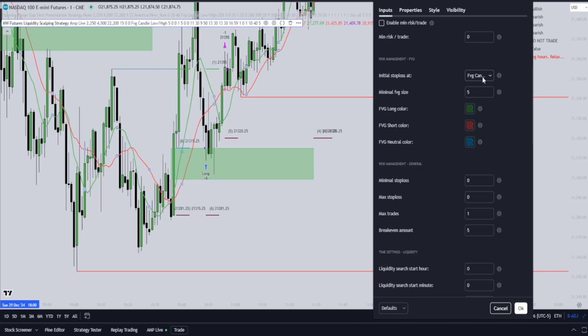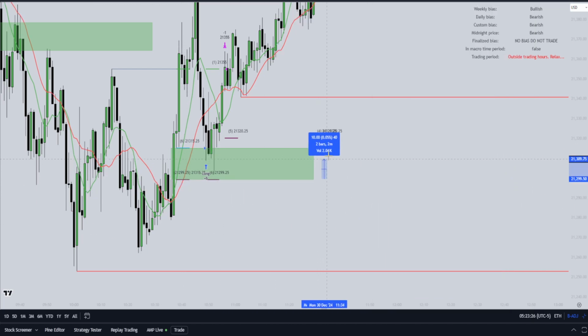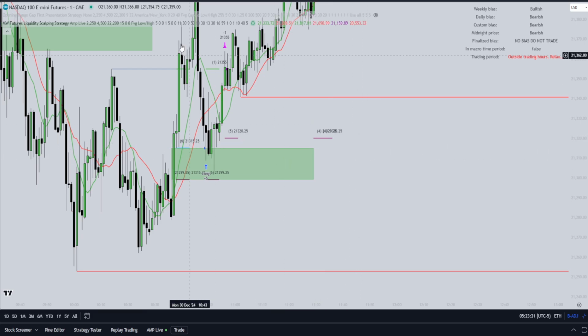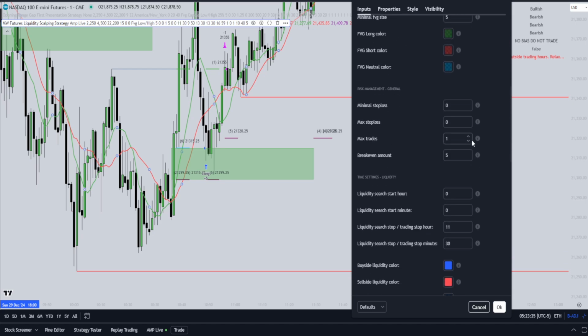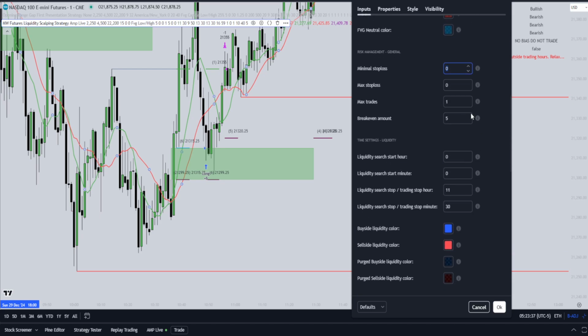We have our initial stop loss at the fair value gap candle low and high, so we know that the stop loss will be placed here. If, for example, we want a bigger stop loss than 15, 16 handles, you could say I always want a minimum stop loss of, let's say, 30. And then it will place it over here.